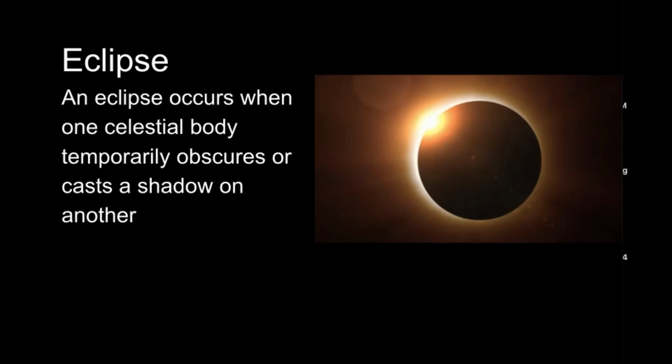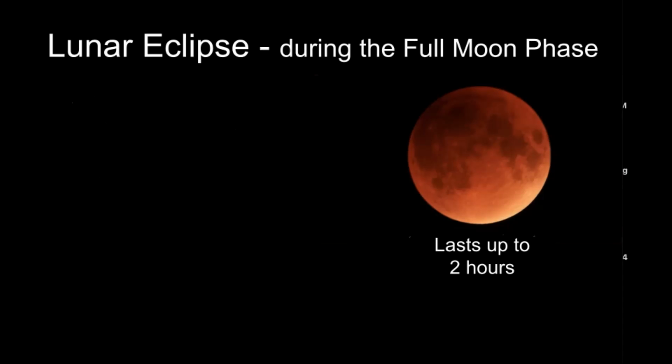So let me clear your hands because I'm not sure if you have questions or not. We're okay? So let's focus on the lunar eclipse first. In order for us to have a lunar eclipse, the moon has to be in the full moon phase. But instead of having a full moon, we have this shadowed moon.